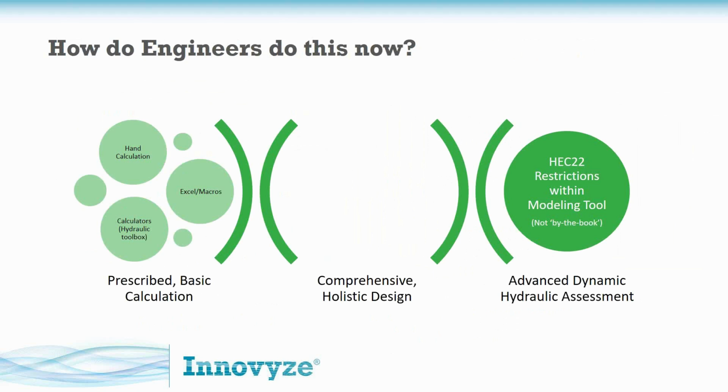The other end of the spectrum is we could look at the inlet types that are specified in the HEC 22 Chapter 4 manual within a robust hydraulic modeling tool. So we can have this really robust hydraulic analysis that isn't looking at static flow.